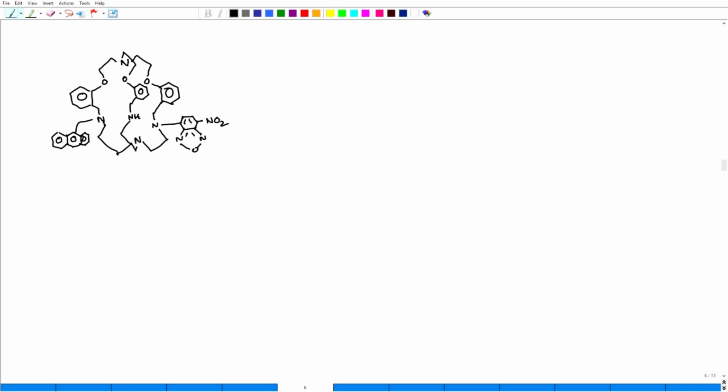Now, what happens is, if you look at anthracene emission, this is anthracene emission. Anthracene absorption is somewhere here and this is around 450 nanometer.